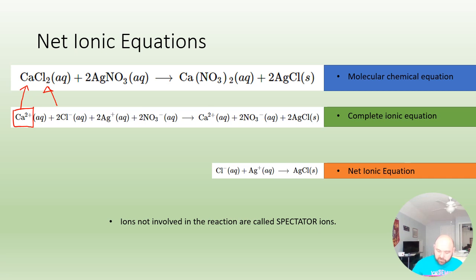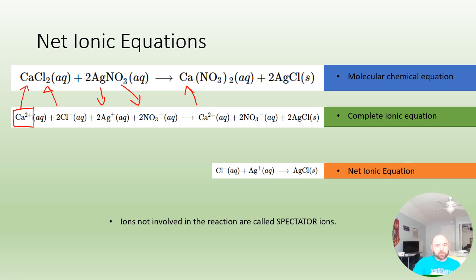This is an already balanced equation. If we have two silver nitrates, then we get two silver ions out of it, and we get two nitrate ions out of it. And so we've shown all of those ions separated because when we dissolve them in water, they actually do separate. After the reaction, we still have calcium ions and nitrate ions because calcium nitrate is aqueous.